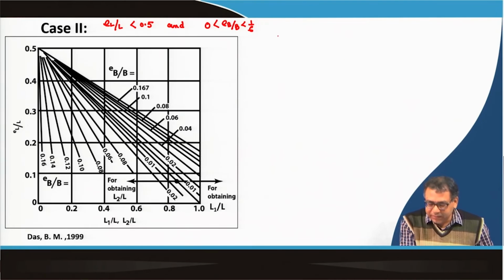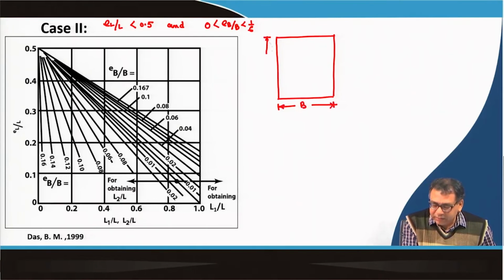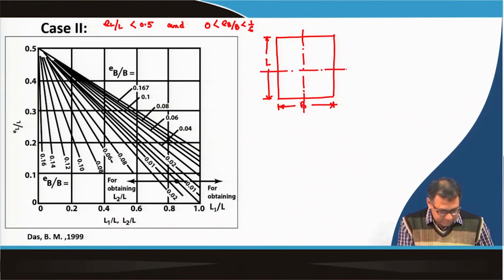So, in such a case, case 2, my effective area will be, so this will be the foundation, this one is B and this one is L, this is the center line, and your loading is acting here.